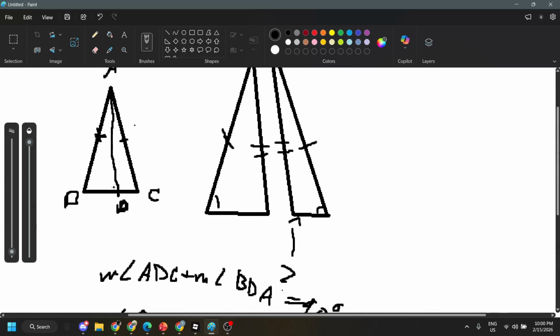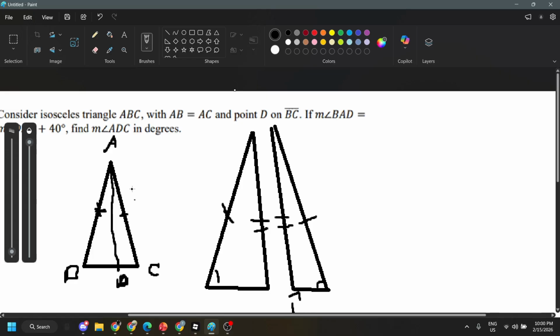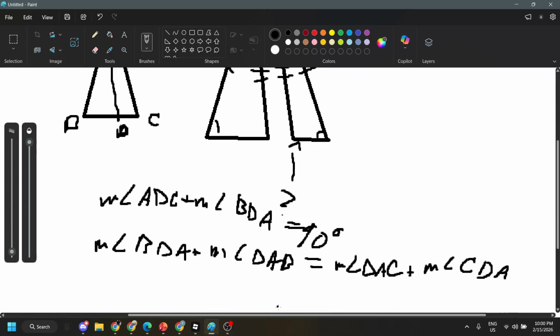So these two angles added up will equal these two angles added up.